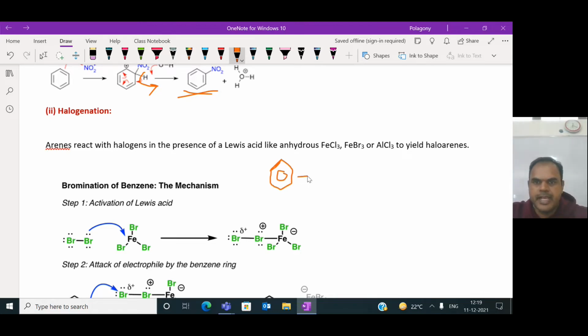So when benzene reacts with a halogen, if you take the example of bromine, you can take chlorine also.